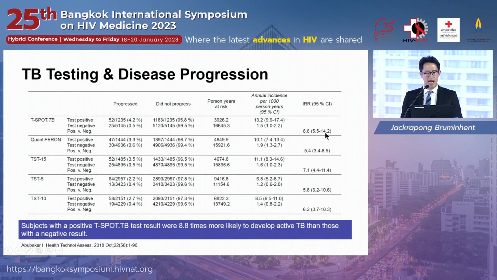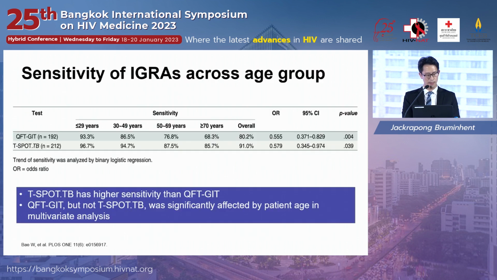This number is higher than using QuantiFERON and also tuberculin skin testing with different cutoff values. So basically, T-spot tests offer you a very good differentiation between someone who's going to develop active TB and someone who's not.